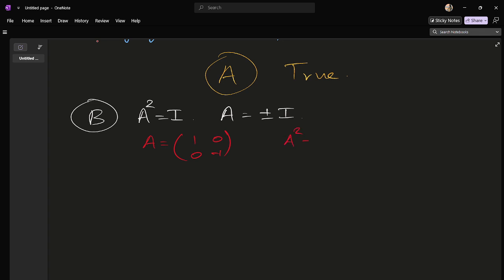Then A square will be 1, 0, 0, minus 1 times 1, 0, 0, minus 1, which gives 1, 0, 0, 1. So A square is identity, but A is neither identity nor minus identity.